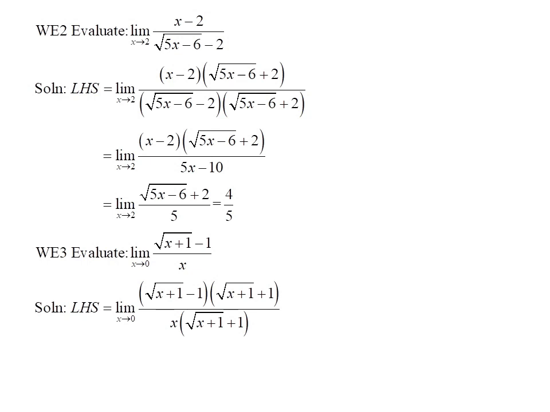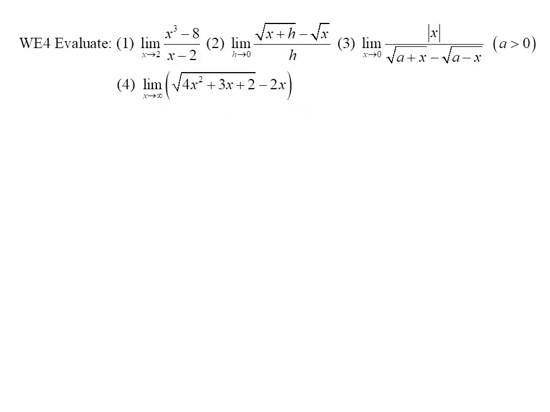Hence, the limit expression becomes 1 over the sum of the square root of x plus 1 and 1 as x approaches 0, which is 1 over 2 after substituting x by 0.